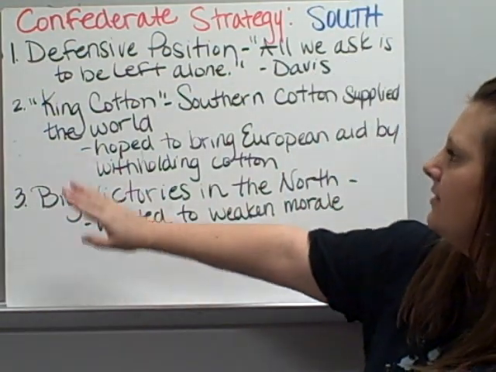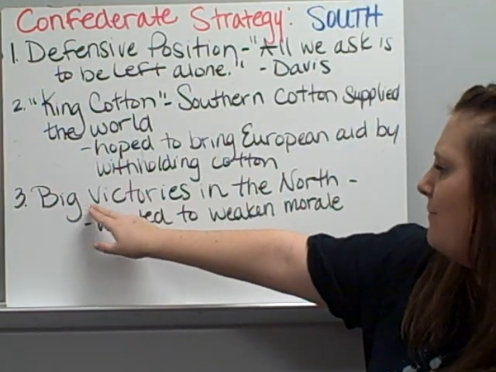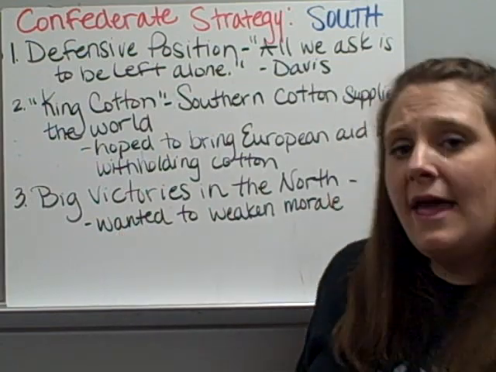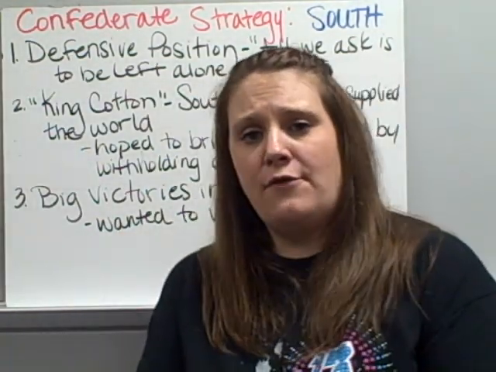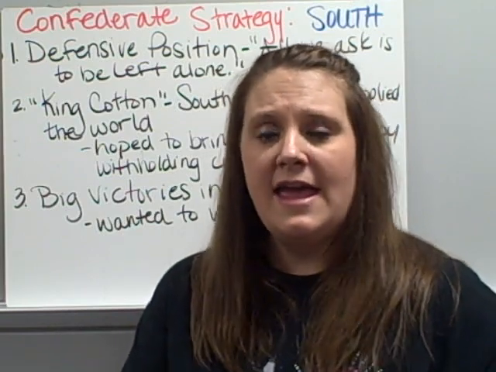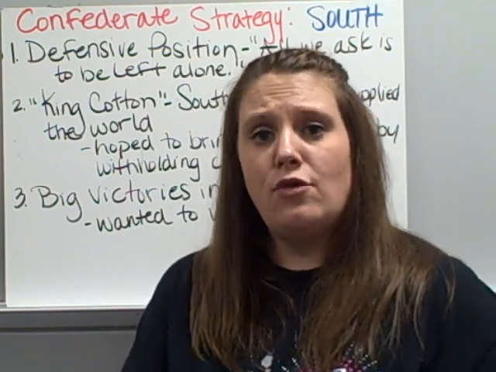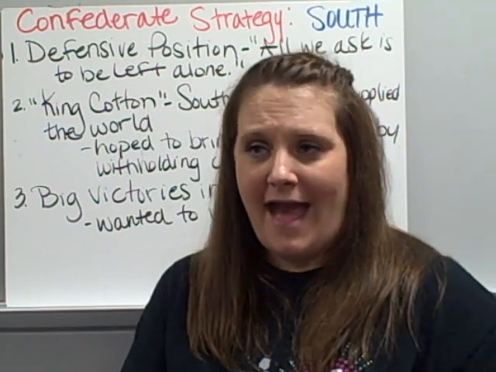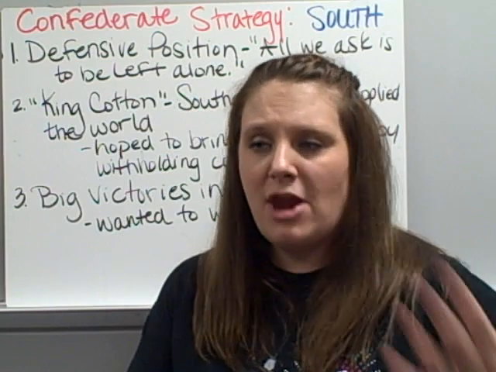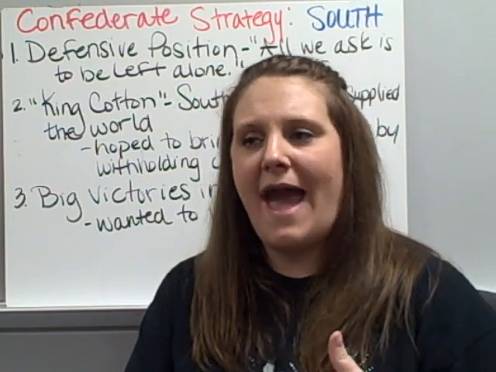Number 3, the Confederate States hoped to have big victories in the North because they wanted to weaken the morale. The Southern states were fighting for a purpose, their belief in states' rights and in the use of slavery. The North was fighting to bring the South back. Yes, there were some moral reasons and so forth, but primarily the North just wanted to get the South back.